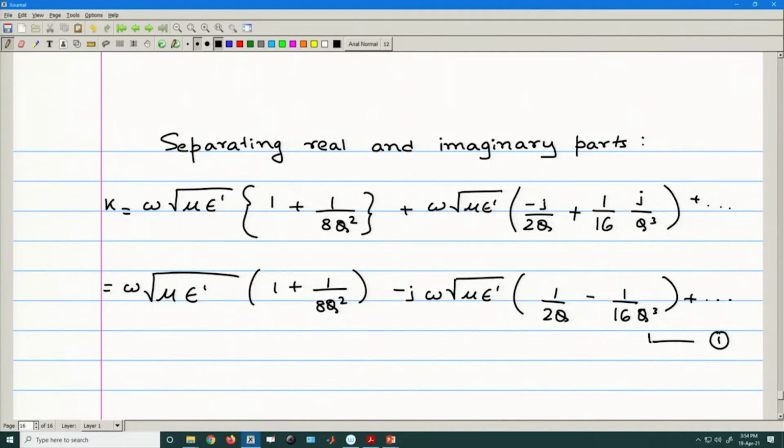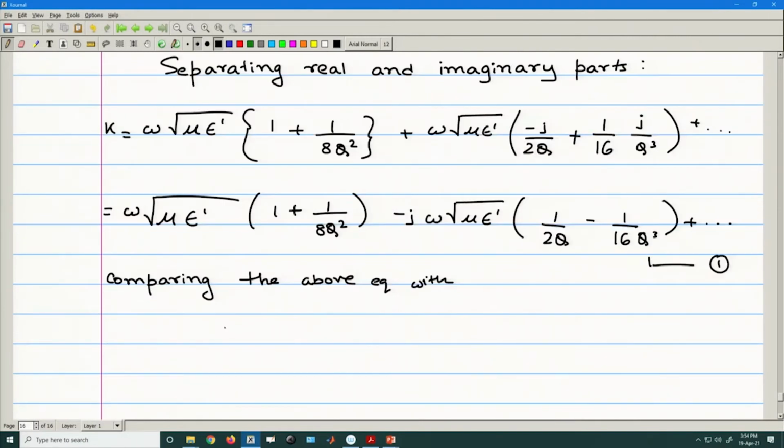Now comparing this equation 1 with the above equation, we know k is written as k equals k prime minus j k double prime.